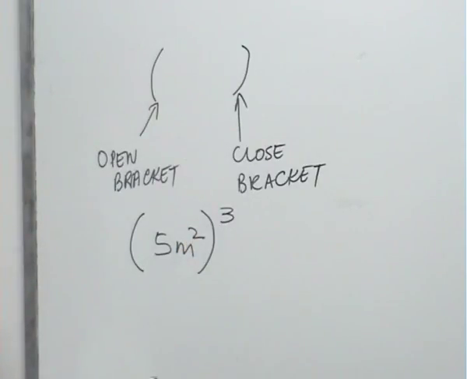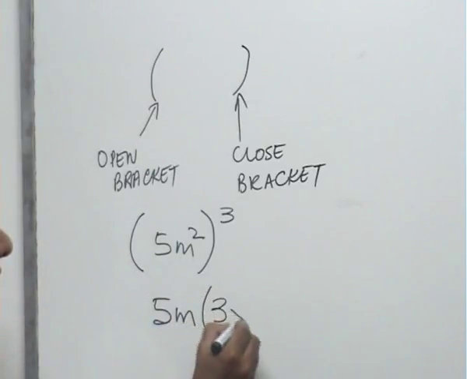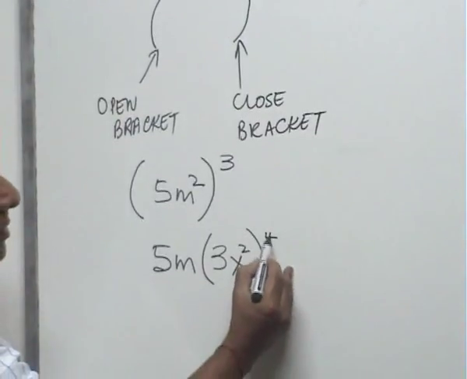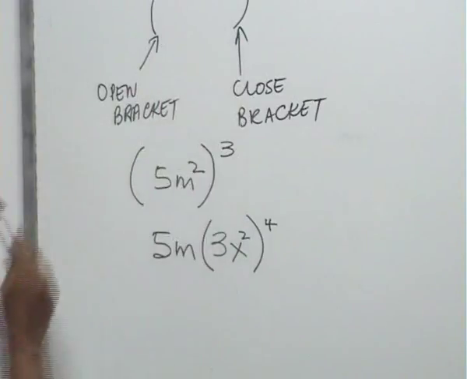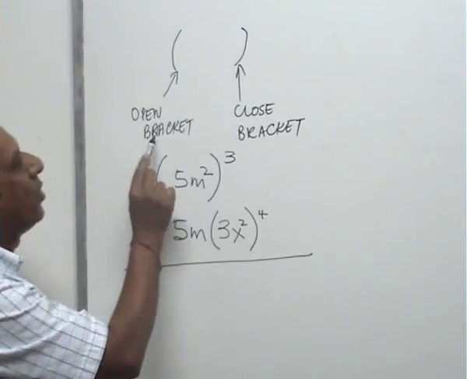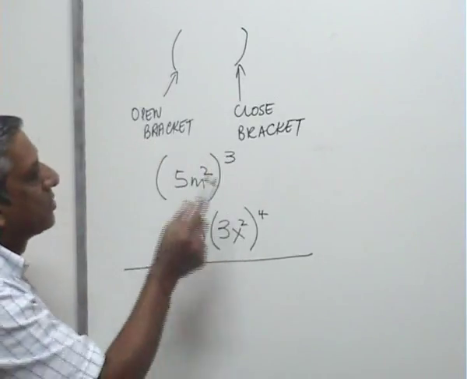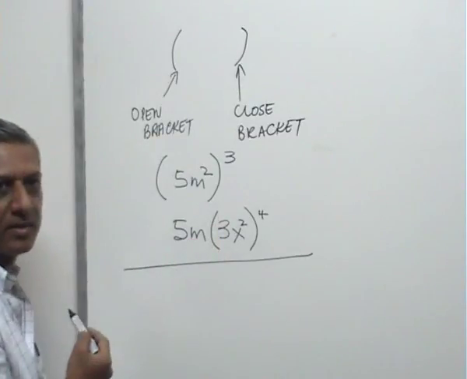Let's take another example. If I tell you 5m, you write 5m, open bracket, you open bracket, 3x squared, close bracket, you close bracket, all to the power 4. So open bracket means that, close bracket means that. When I'm doing exercise 8, I'll be using the words open bracket and close bracket, so you need to understand what we mean by them.